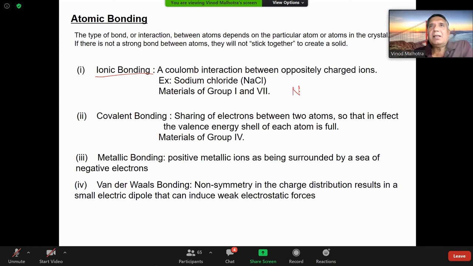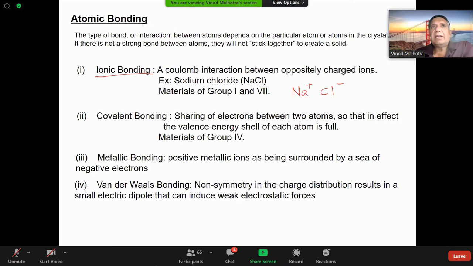If you remember, it becomes Na plus and Cl minus. So this is called ionic bonding. They are held together because there are electric charges that hold it together. So that's ionic bonding. I'm not going to repeat this. The book goes through it, and you must have seen this in basic chemistry.